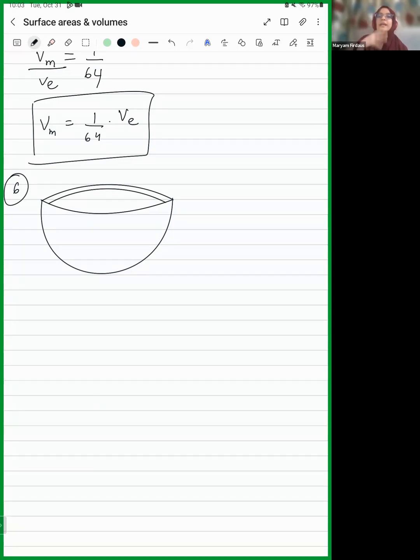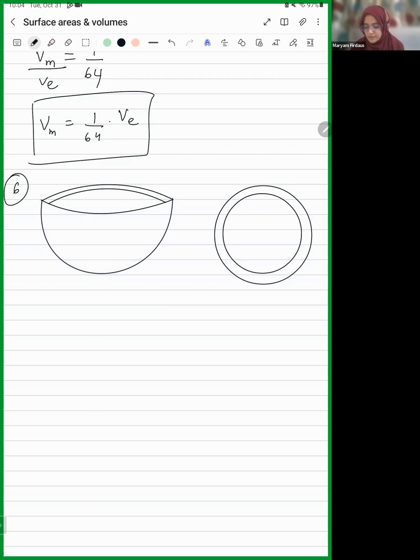So the thickness is the outer radius minus the inner radius. If you take a look at this tank from above, like the top view of the tank, then you're gonna see it like this.